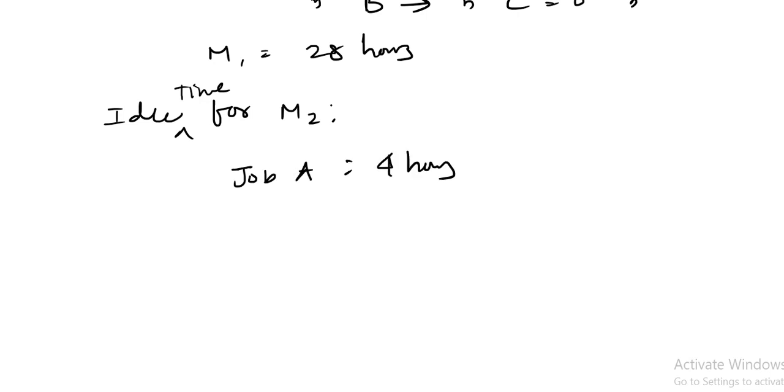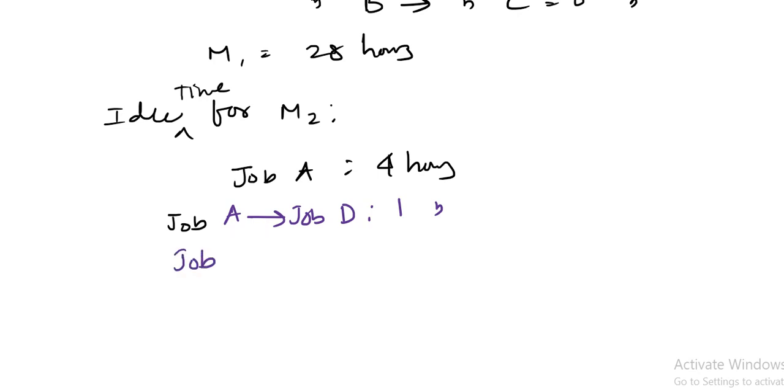Job A to D: इसमें क्या रिजल्ट आएगा A to D का, 10 minus 9, that is 1 hour.